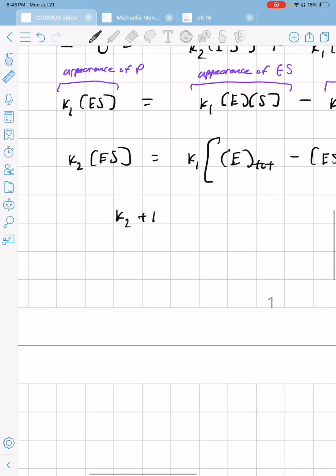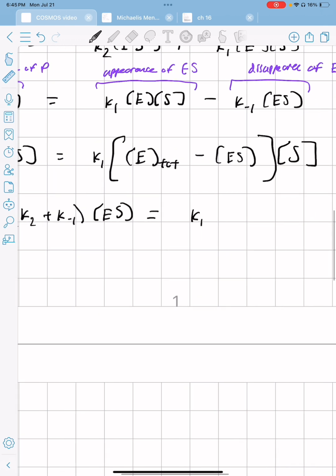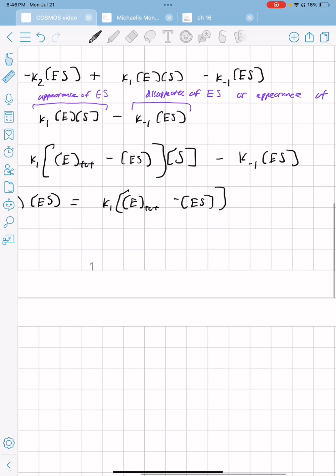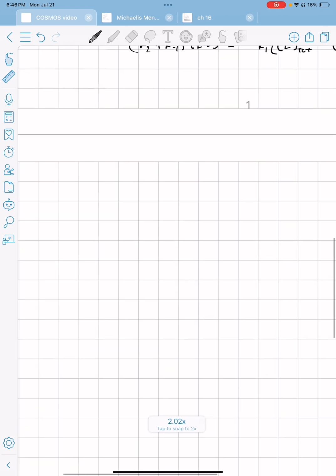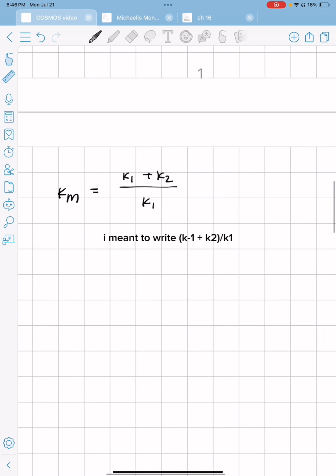So K2 plus K negative 1 times ES equals K1 times E total minus the concentration of enzyme substrate complex times substrate. And then here we're going to actually define Km, which is just a combination of all the proportionality constants, the proportionality constant of the Michaelis-Menten equation.